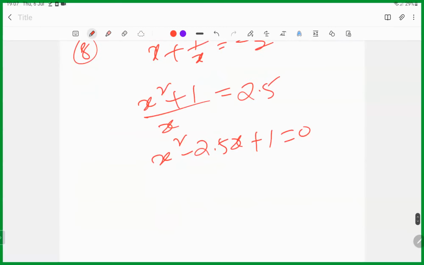Is that right? Got it? So what are the middle terms? 2 and 1 by 2.